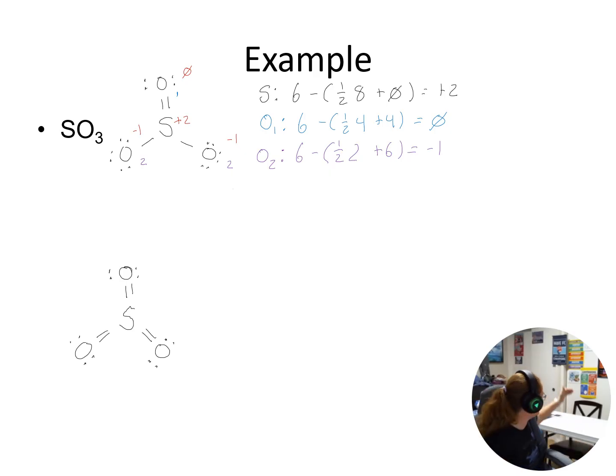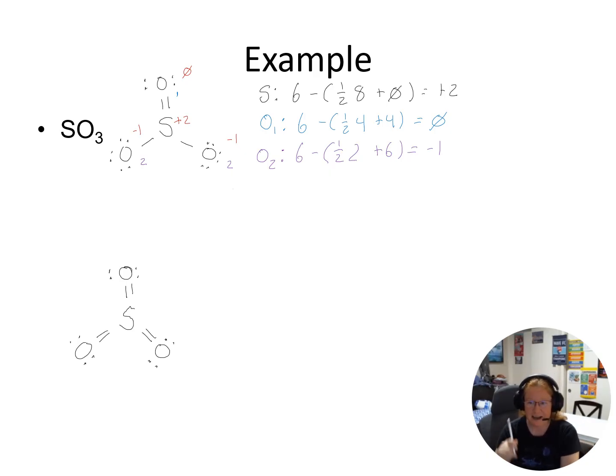Sulfur, if you look on the periodic table, is in period 3. So what do we know about energy levels? What do we know about orbitals? In period 3, we have n equals 3, which means we can have L values of 0, 1, and 2. An L value of 0 is my s orbital, an L value of 1 is my 3p orbitals, and an L value of 2 corresponds to d orbitals.